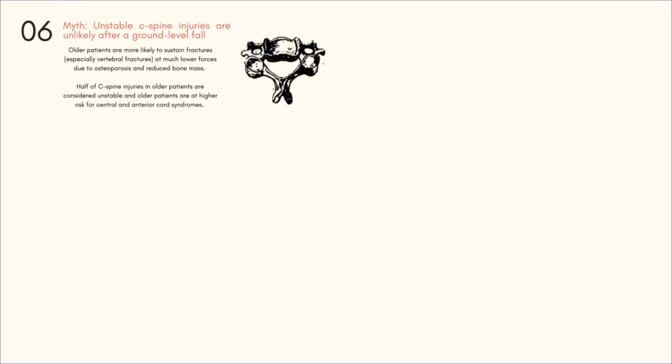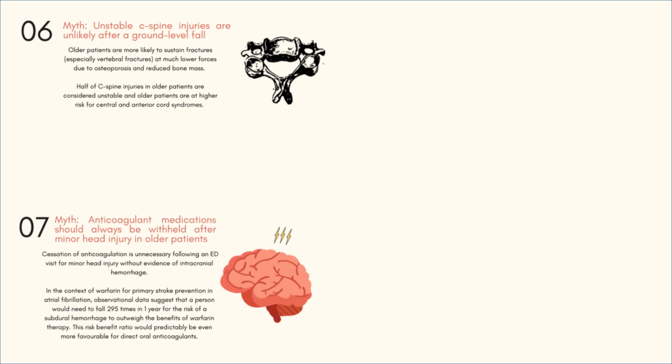Okay. Unstable C-spine injuries are unlikely after a ground level fall. No, they're not. Anticoagulation medication should always be withheld after minor head injury in older patients. That's not a practice that I've seen much, that we withhold it if there is no bleed.